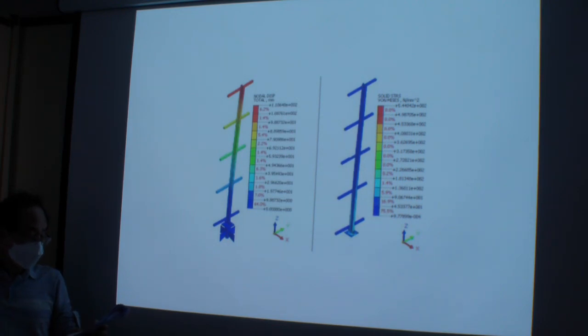And then for the 6 by 2.5 meter structure, the integrated type has a maximum displacement of 88.39 millimeter. For the bolted type case, the displacement is much more, 180.65 millimeter.